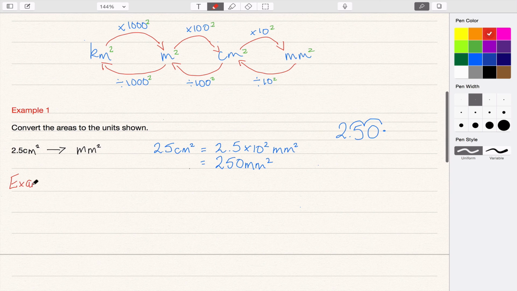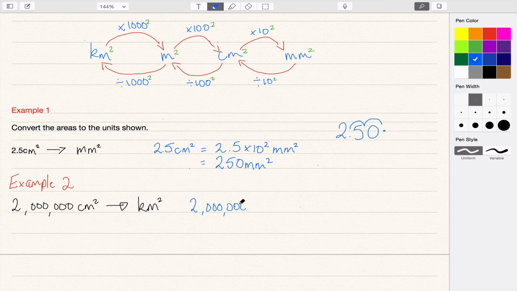Example 2 is changing 2 million square centimeters into square kilometers. So start out by writing out the original number, 2 million centimeters squared equals.